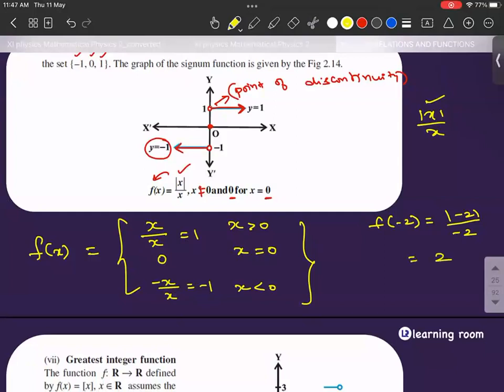It is 2. And the denominator is minus 2. So the answer is still minus 1. Though the modulus is giving you the positive value, the denominator is still negative. It still follows the rules, right? Exactly. That is how math works. Understood, sir.